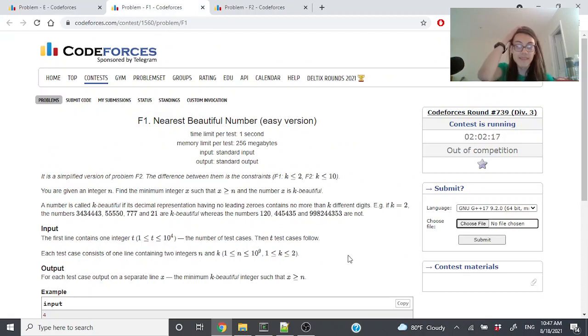Let's look at this. Now, given an integer n, k is 10.